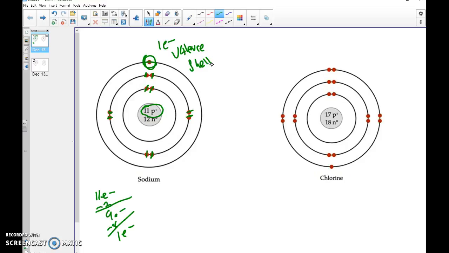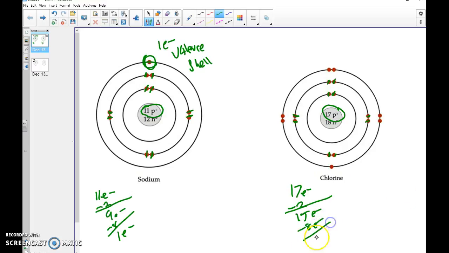Okay. Now over here, I have another atom. I have chlorine. Now, chlorine has 17 protons. So that means that it has 17 electrons. Well, 2 go in the first shell, because 2 always go there. That leaves me with 15. 8 go in the second shell.